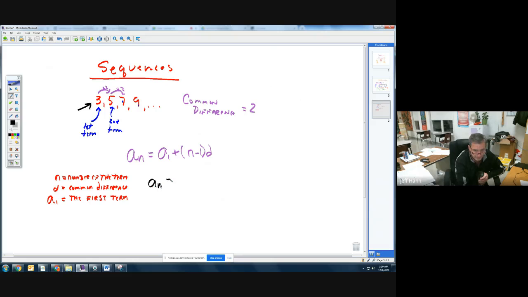Here's my blank. a sub whatever term equals a sub 1, which is the first term, so that would be 3, plus n, the number of the term you're wanting, minus 1. And I know my common difference was 2. So shabam. This would be the formula for this sequence up here.